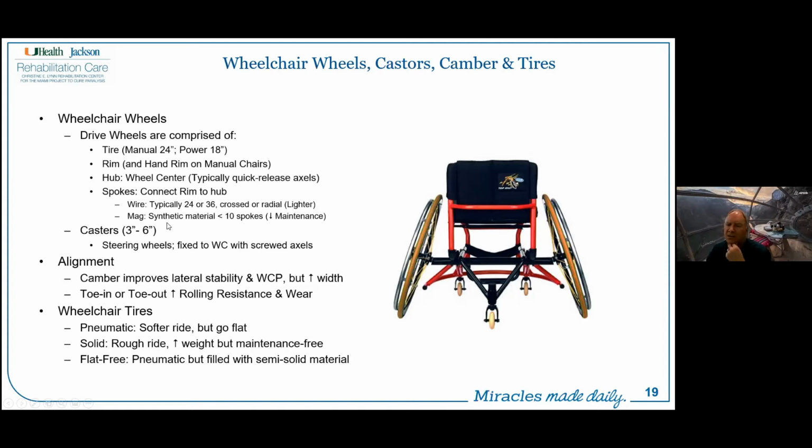The mag wheels are made of synthetic materials with less than 10 spokes. The nice thing is you don't have to worry about adjusting the spokes and whatnot. This is not unlike with a bicycle. So you have reduced maintenance, but these are a little bit heavier, and so you get that trade-off again.